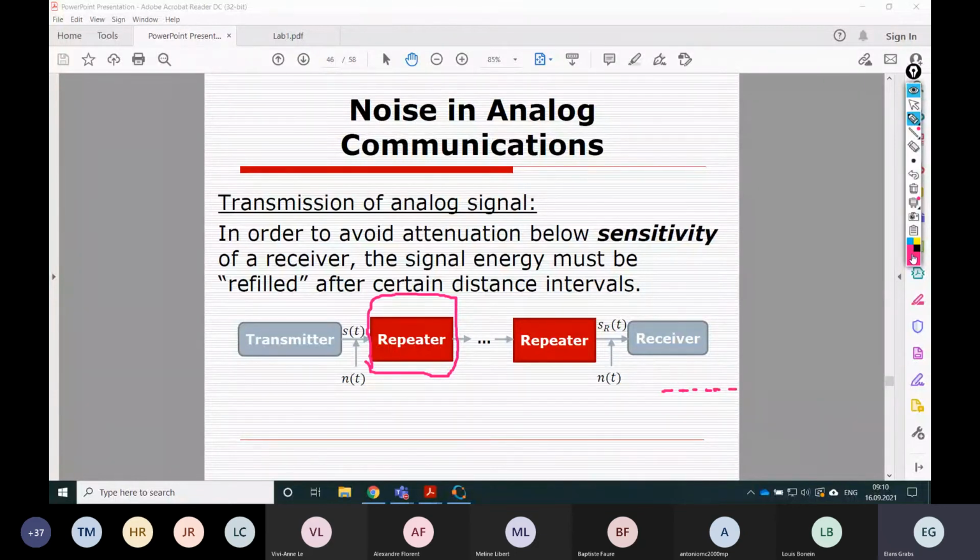If our signal is beneath this sensitivity, the receiver will receive nothing at all. It will just think that it is noise and will not do anything. We cannot afford that our signal is below this sensitivity, and for this distance it definitely will happen. So we are forced to use repeaters.